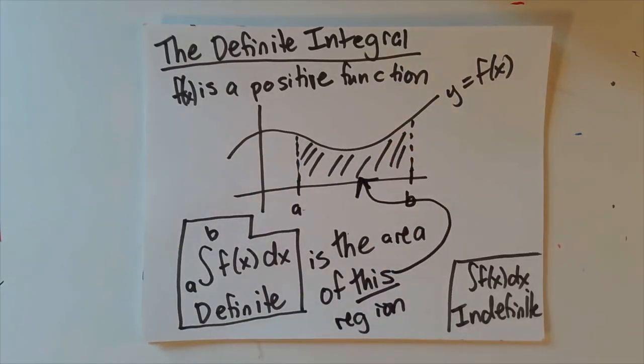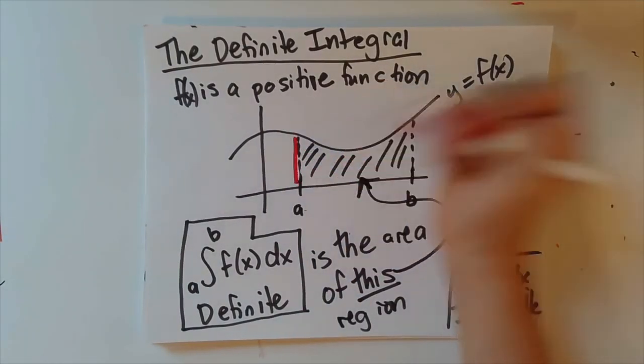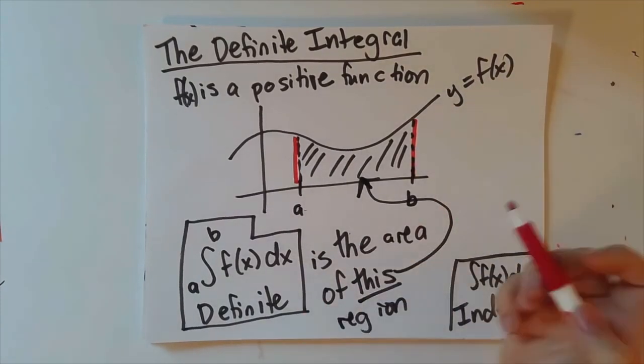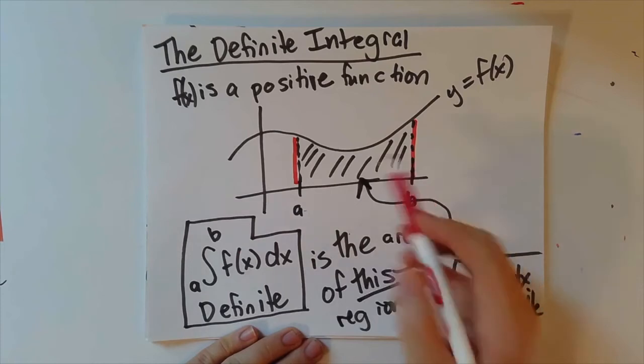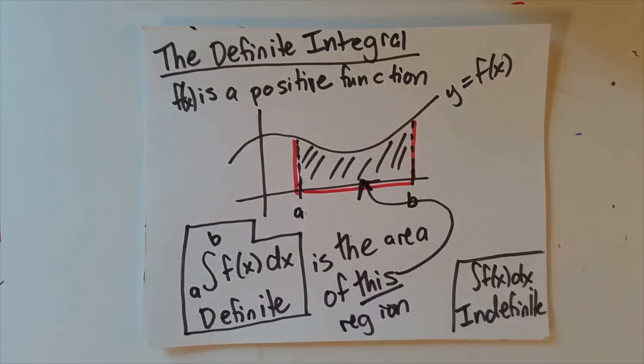Okay, so this region, it has four boundaries. The a and b tell me the vertical boundaries. So this is just at x equals a and x equals b. We always use the x-axis as the lower boundary. And then the graph is the upper boundary.